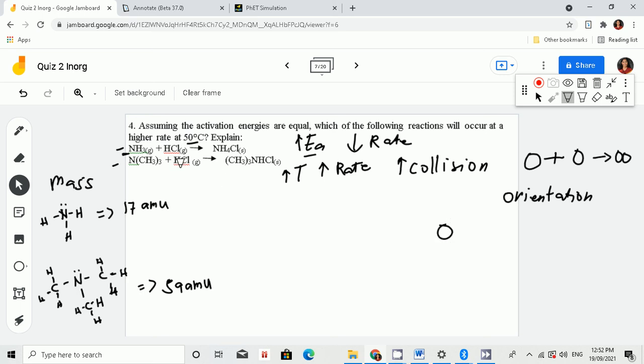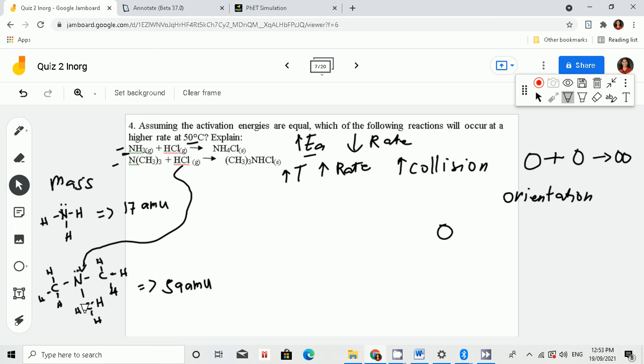Sometimes the H may collide with the CH3 group, which is possible, but it could not lead to a successful collision, because the H in HCl must collide with the nitrogen, with its lone pair.